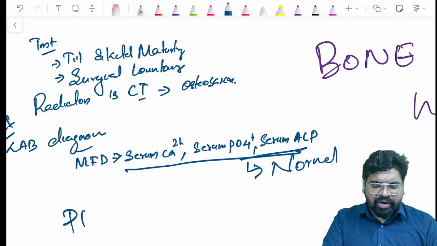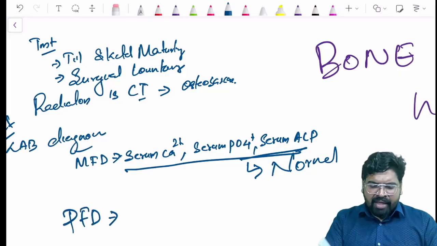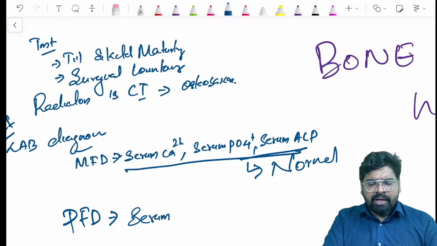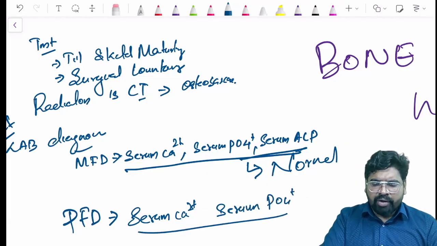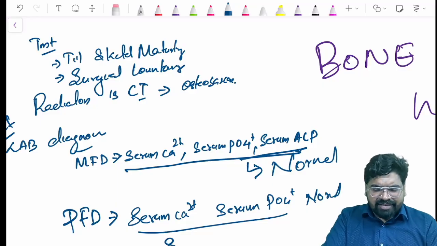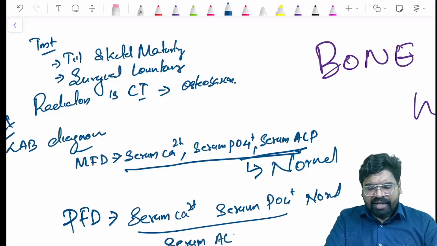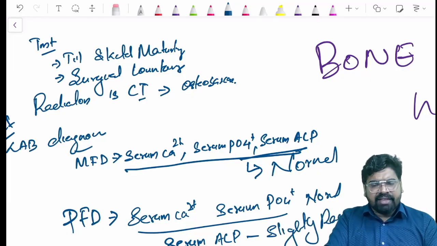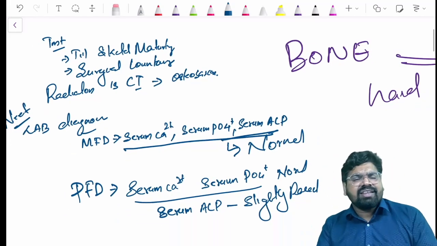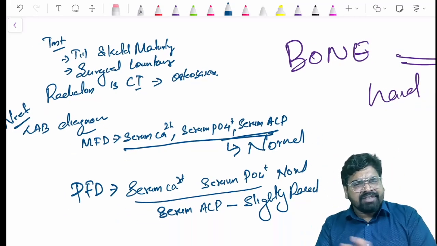In polyostotic fibrous dysplasia, the serum calcium is normal, serum phosphorus is normal, but the serum alkaline phosphatase is slightly raised in the initial stages, not much. It is near normal.